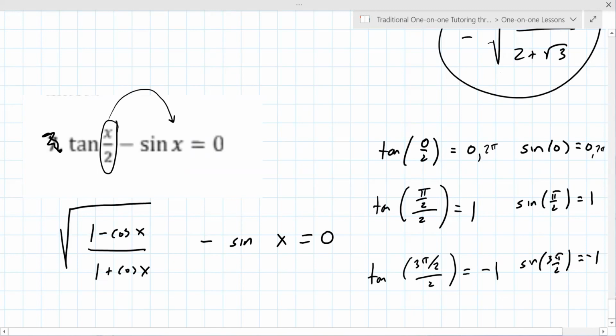There's not really a good way to solve this one by hand, because this half angle formula doesn't work great. If we converted sine to a half angle, that might do something. Just looking at the formulas again here.